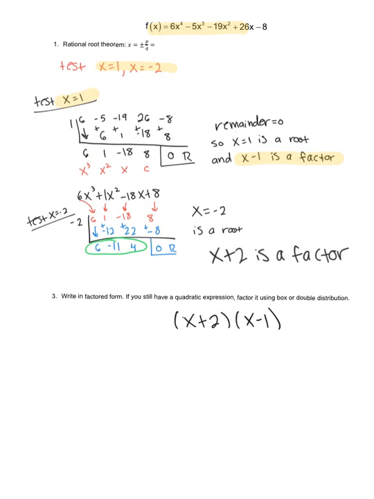So if I were to write this out, originally your highest exponent was a 3. So that means now it gets knocked down to a 2. So this answer would be 6x squared minus 11x plus 4. So that is also one of the factors.